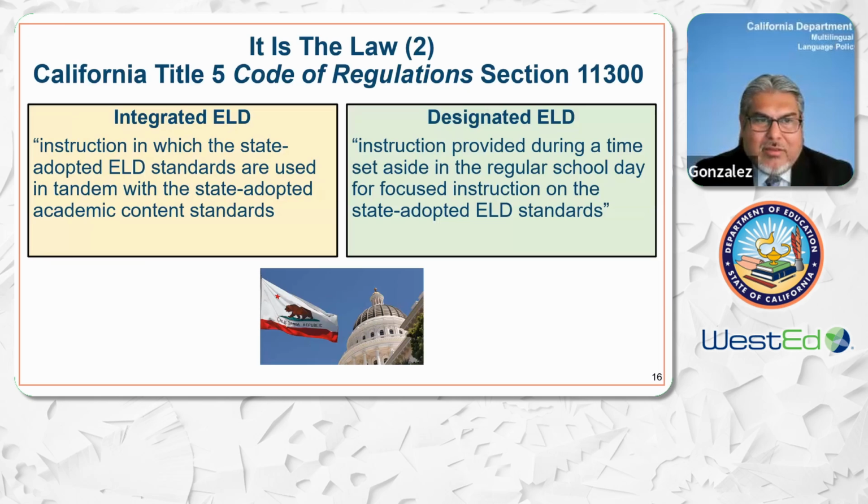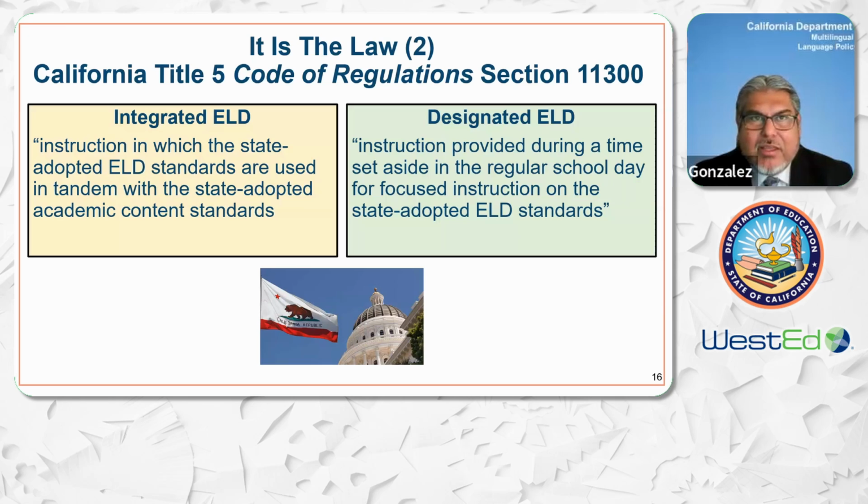It's state law. For California Title 5 Code of Regulations, Section 11300, integrated ELD is instruction in which the state adopted ELD standards are used in tandem with the state-adopted academic content standards.